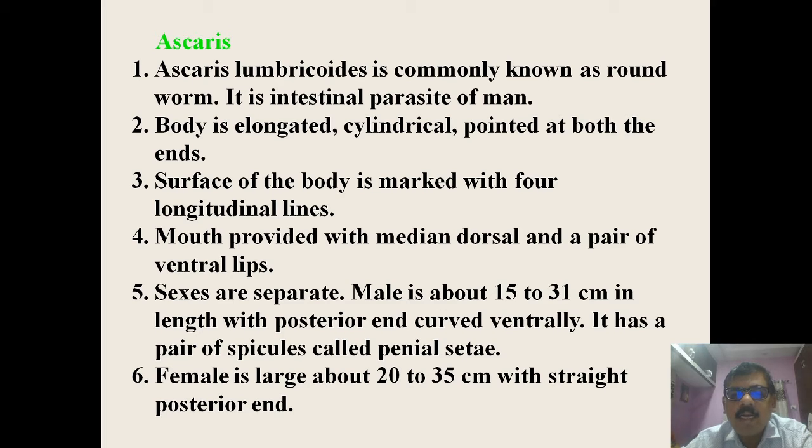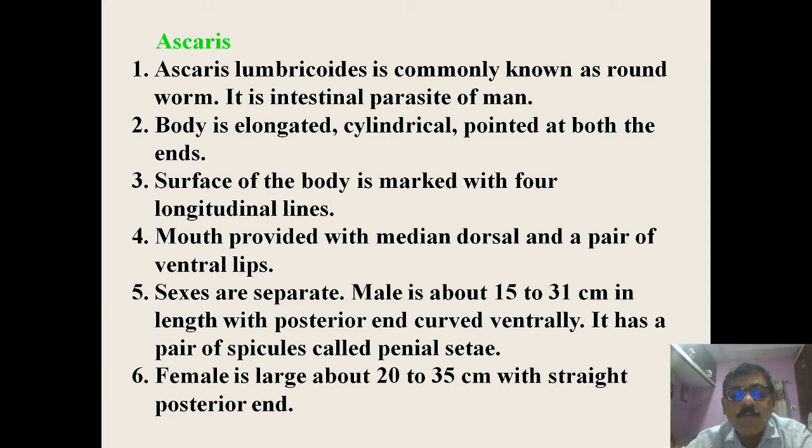The mouth is provided with a median dorsal lip and a pair of ventral lips. The sexes are separate. The male is smaller than the female. The male is 15 to 31 centimeters in length and the posterior end is curved ventrally.